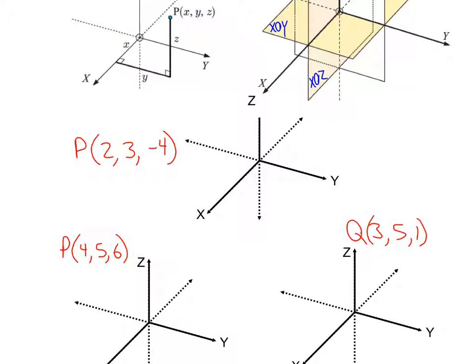So when I go to graph this, all right, I need 2 along my X. And I'm going to mark my X-axis. Here's 2 units. And notice how when I mark it, I kind of try to make it parallel to the Y. Okay? And then for my Y, the Y is 3. So I'm going to go 1, 2, 3 along the Y-axis.